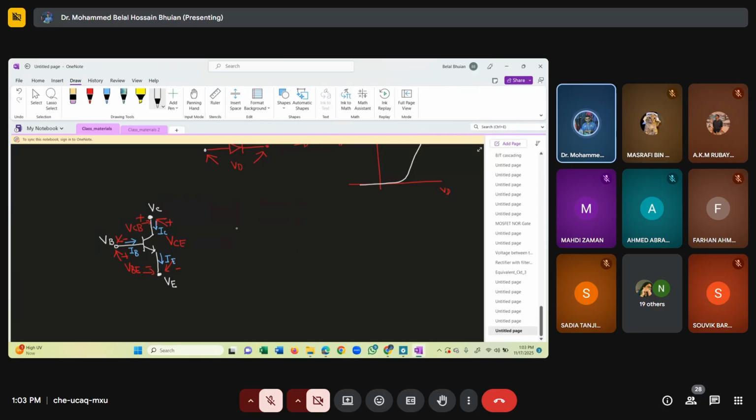So which means that if I am to find the relationship between current versus voltage, the obvious question is which current and which voltage. For example, if I take IB, one possibility is IB versus what? It could be VBE, or it could be VCB, or it could be VCE. So I can make a relationship between IB and VBE, between IB and VCB, between IB and VCE. That could be one possibility.